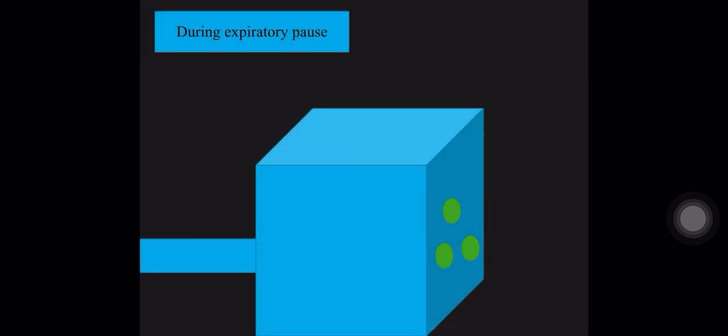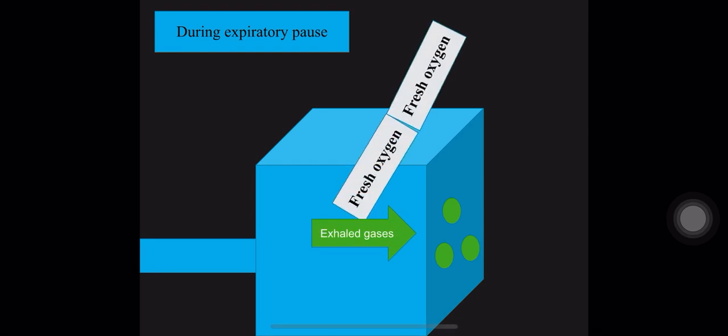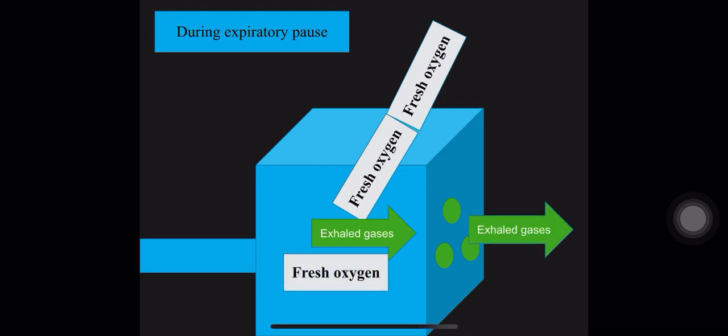Okay, I will explain it with a figure. During the expiratory pause, there will be exhaled gases in the body of the face mask. Because of the fresh oxygen supply, exhaled gases will be vented out from the side holes, and fresh oxygen will occupy the body of the face mask.